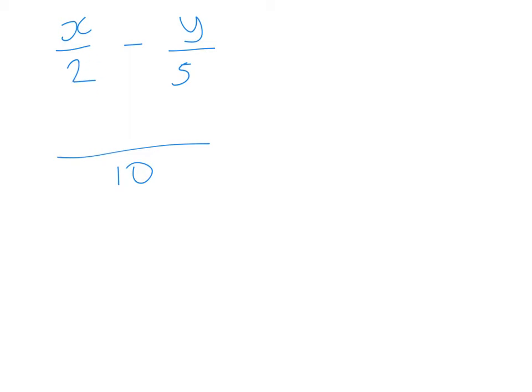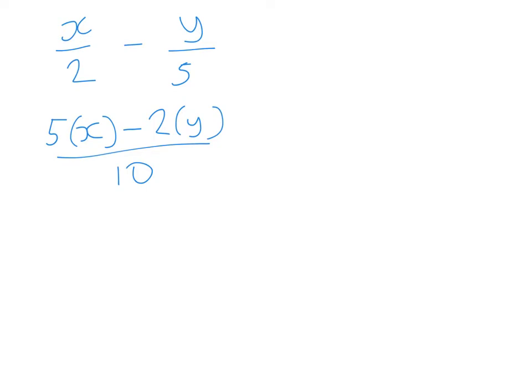Then say 2 into 10 goes 5 times. We multiply it by our numerator, which in this case is x. And then we have to take down the minus. And then we say 10 divided by 5 goes twice. And we have to multiply that by our numerator, which in this case is y.